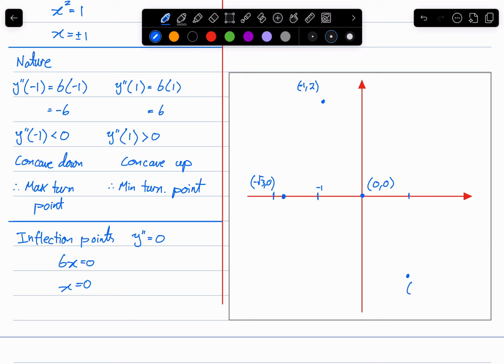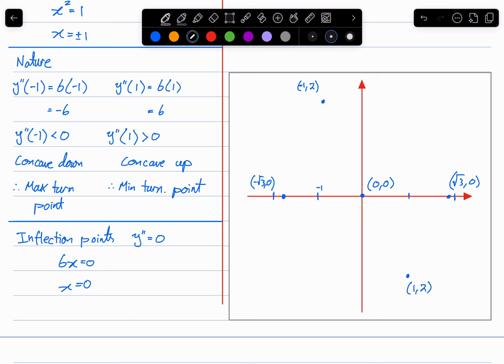Trying to make sure the sketch is approximately the same, so I'm looking at these distances, making them equal. And lastly, positive root 3 and 0.